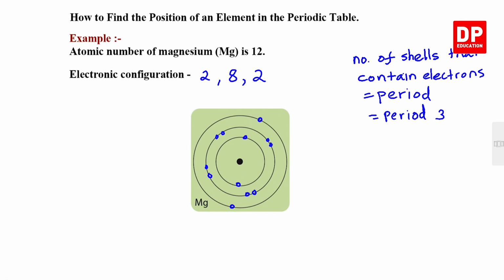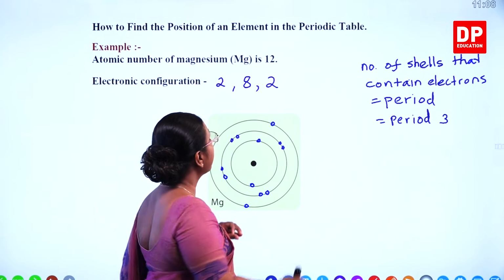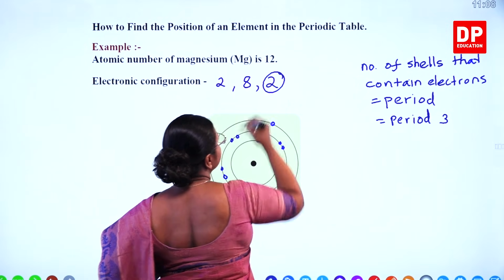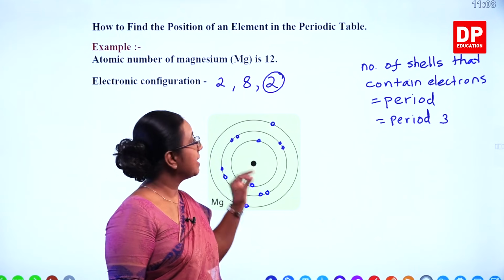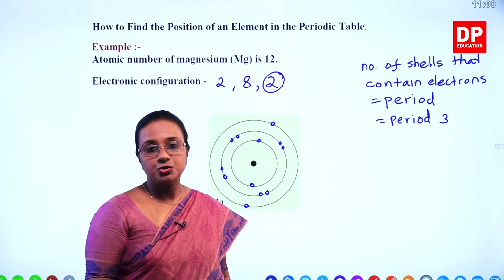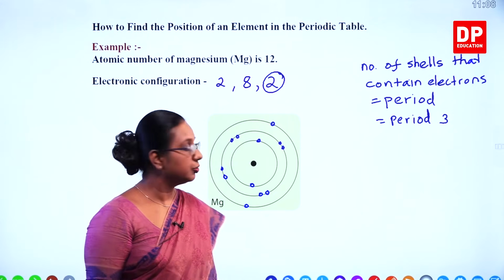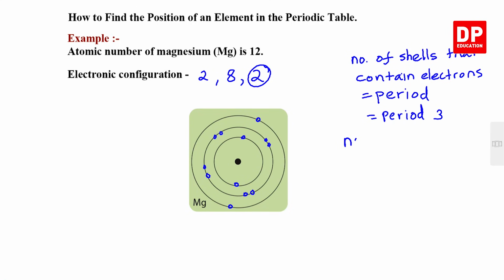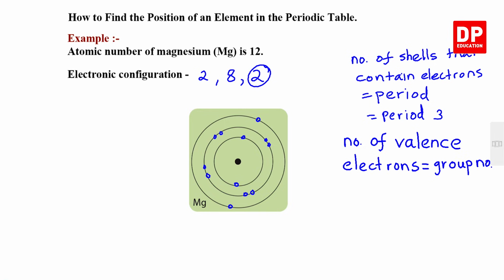How do we identify the group number? The number of valence electrons. Magnesium has 2 valence electrons, so it has to belong to group 2. Number of valence electrons equals group number.